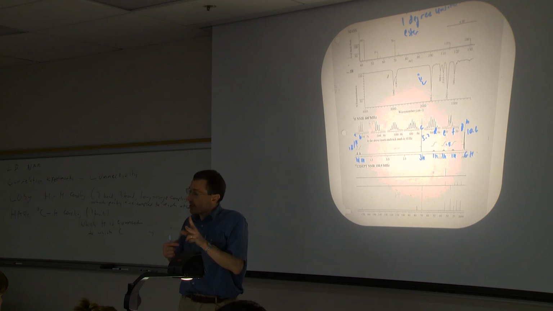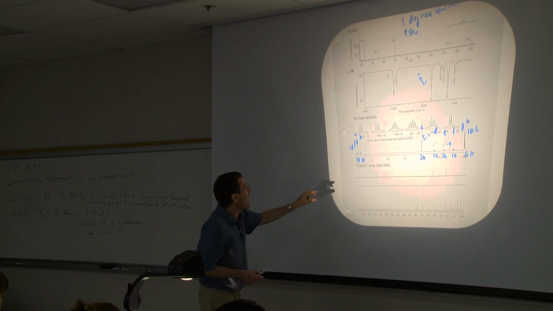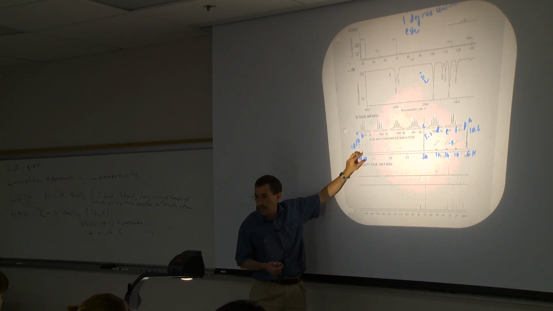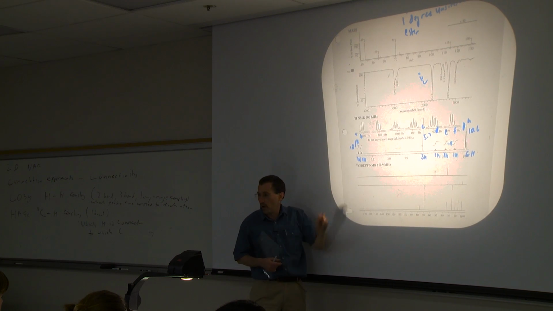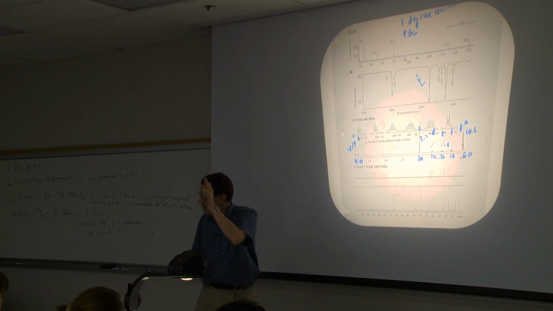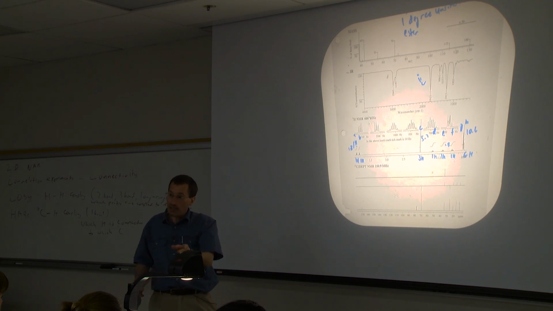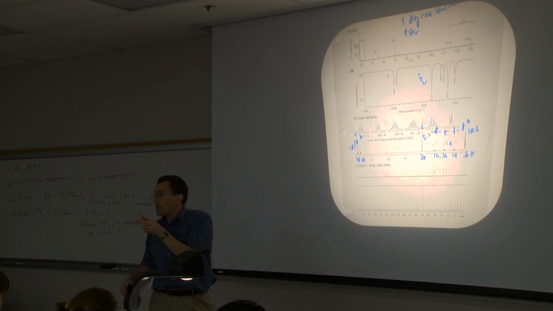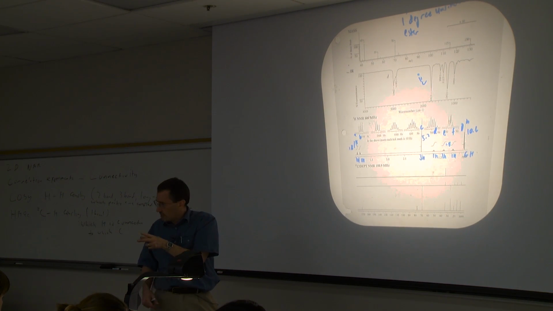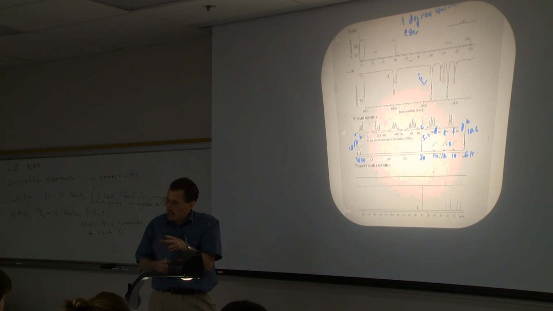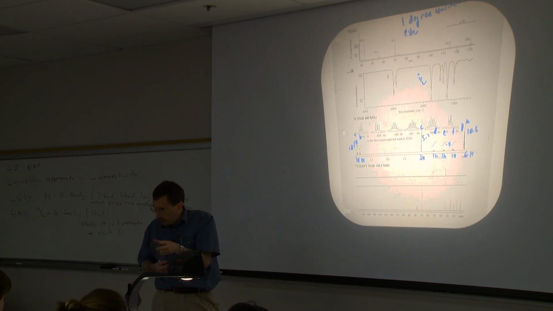The fact that it's an ABX pattern says they're splitting each other, and then they're split by one other coupling partner. So it's probably an OCH2CH. This is a problem that you could do without 2D NMR, just by fitting the pieces together, but it would take a little bit of cleverness.